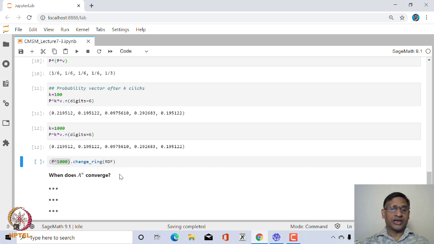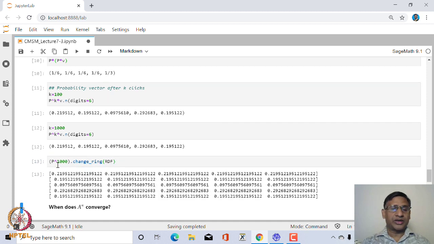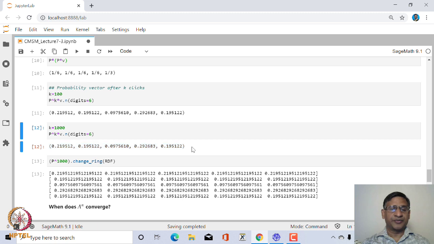So and also now if you look at, for example, the power, let us say 1000 power of this matrix, transition matrix P, what you see is each column is the vector which you obtained here, the probability vector. This is what is called a stationary vector, and so each column will be actually eigenvector with eigenvalue 1.